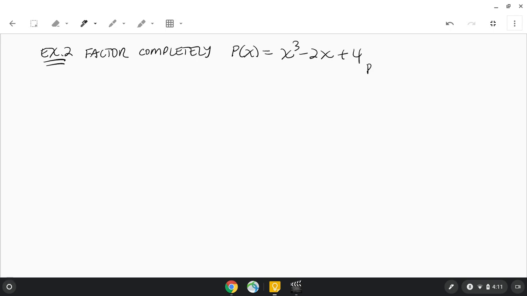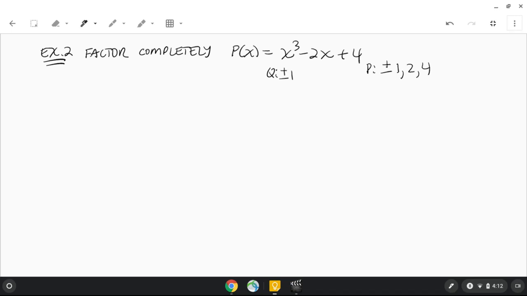So I'm going to use synthetic division and the rational zeros: plus or minus 1, plus or minus 2, plus or minus 4, all the factors of 4, and then over all my q values, plus or minus 1.